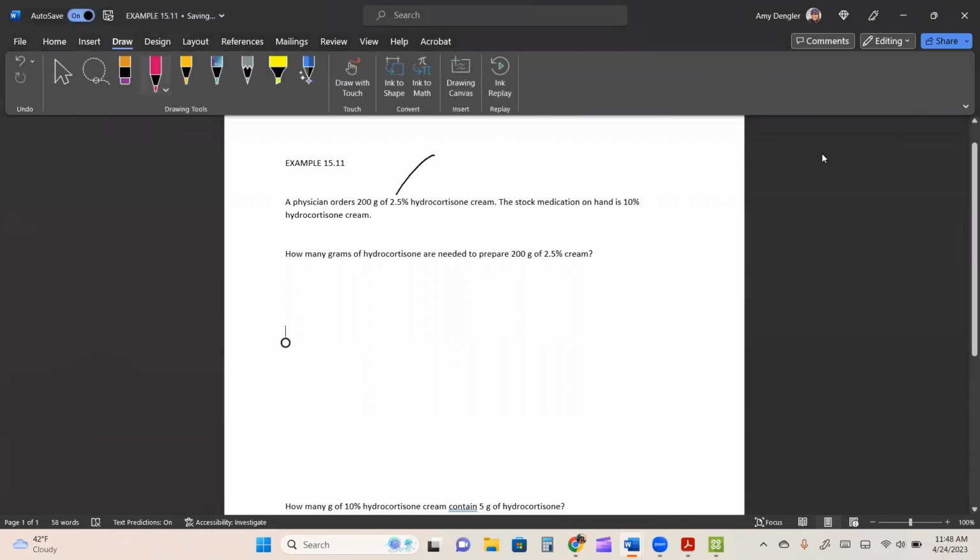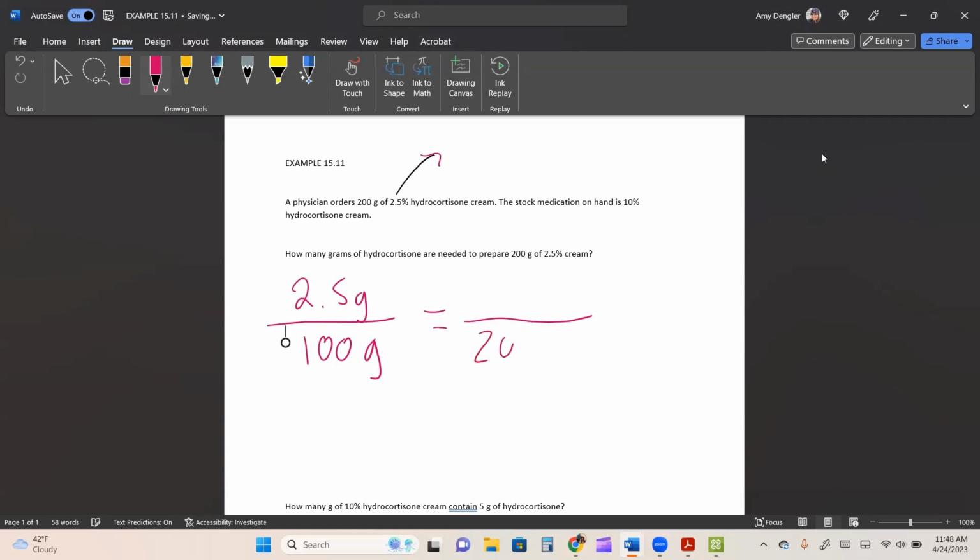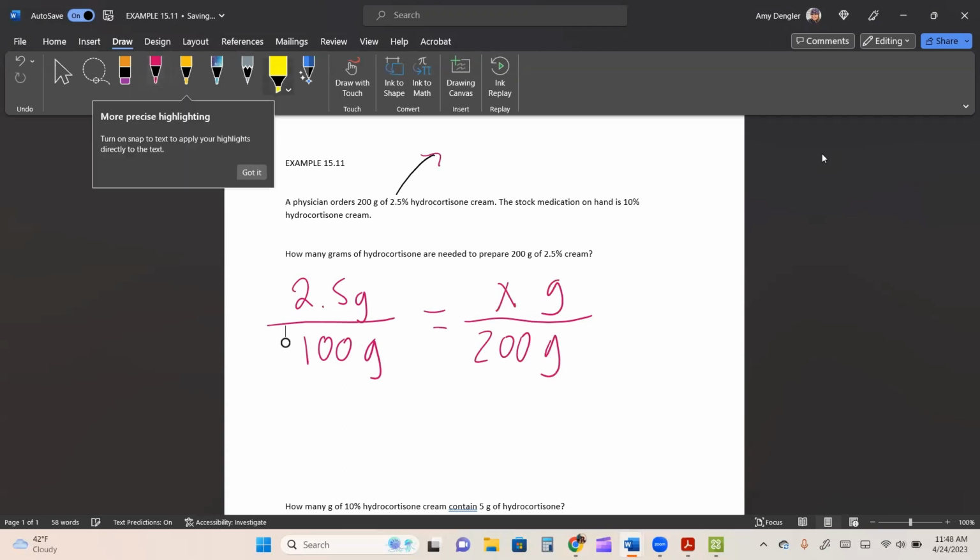Ultimately, it's kind of the same though. So 2.5% cream. Remember, that's going to be 2.5 grams over 100 grams because we're working with two different weights. And we want to make the final concentration of 200 grams. How many grams do we need?